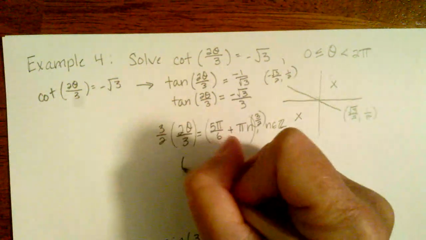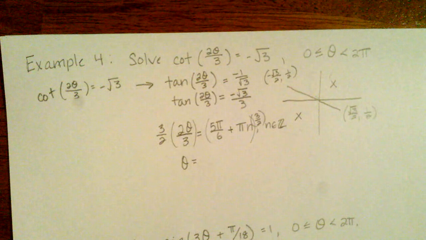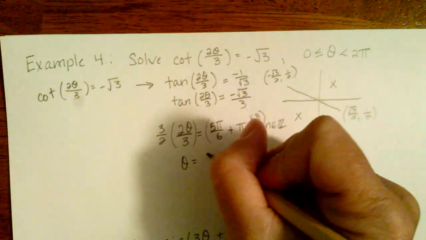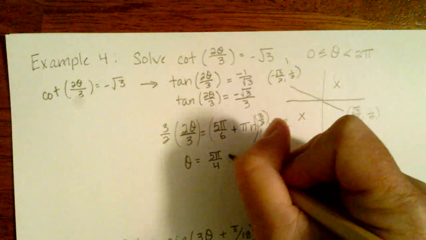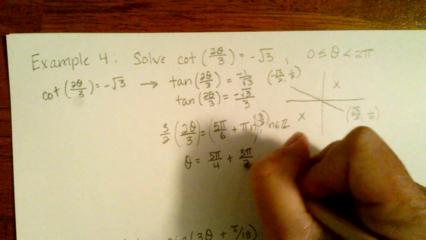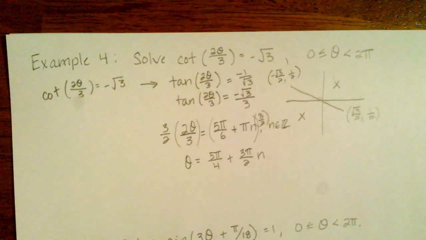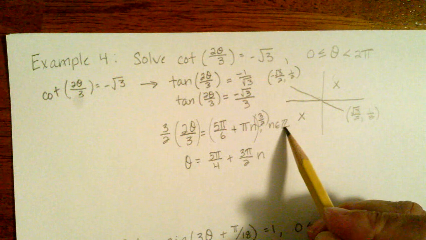So this becomes theta equals 5 pi over 6 times 3/2 equals 5 pi over 4 plus 3 pi over 2 n. Okay, I still have my n as an integer.